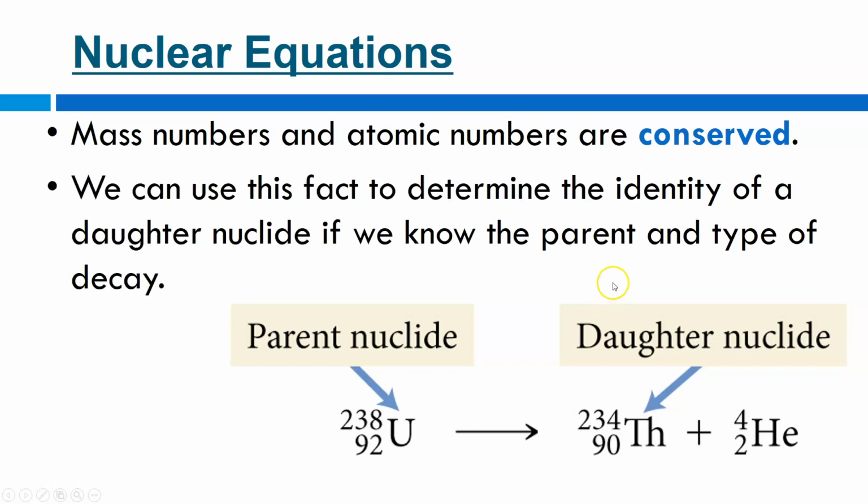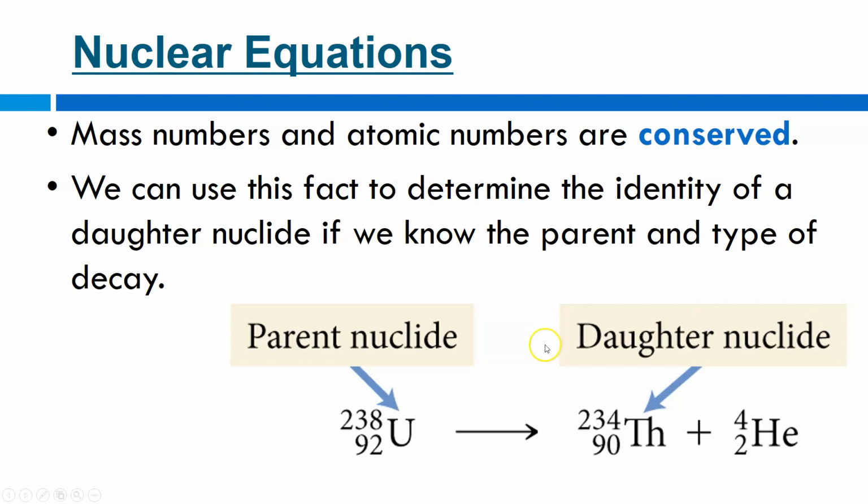So what we're going to do is count up the numbers on each side and make sure they match. One thing that's tough is that the actual symbol, the name of the element might change. If you lose 2 protons, you're not going to be uranium anymore, right? So you may have to change the name and the symbol. We're going to get all the numbers and then you can worry about the symbols.